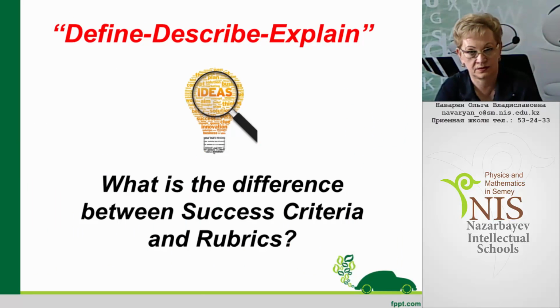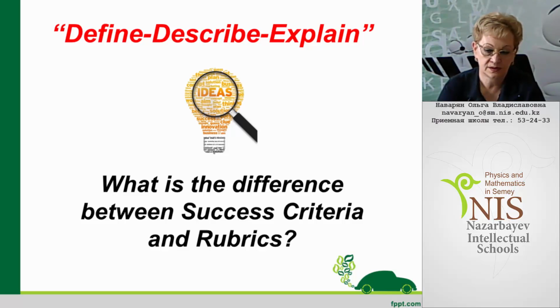The next very interesting activity is called Define, Describe, and Explain. You also can use it in the beginning of the topic, but in our presentation it is like a warm-up. And your task now is to tell what is the difference between success criteria and rubrics.